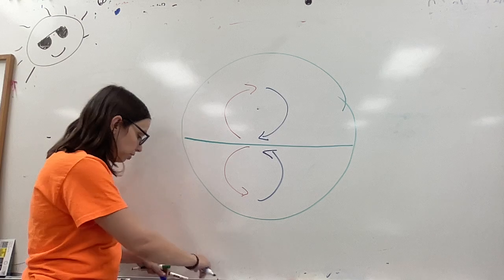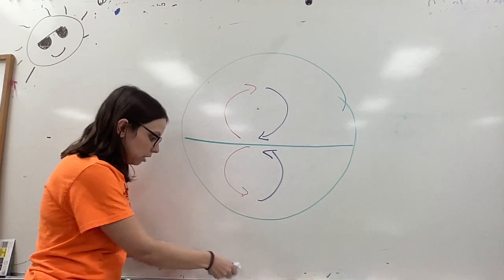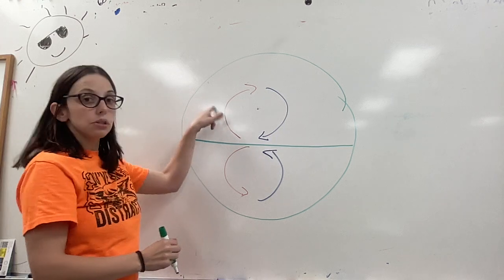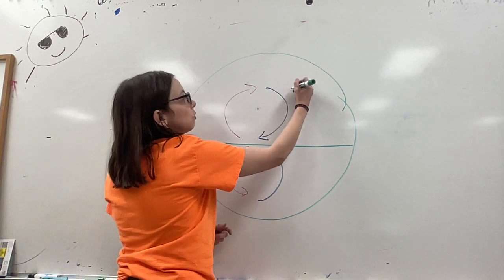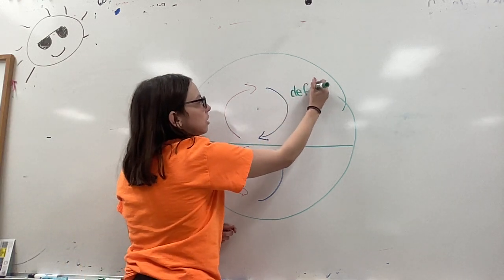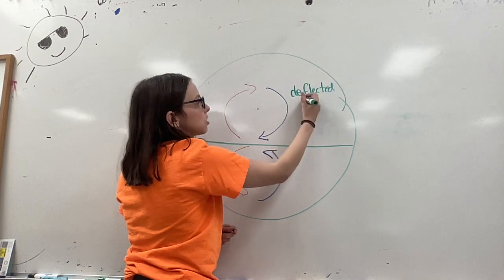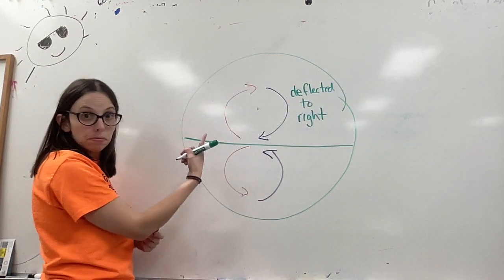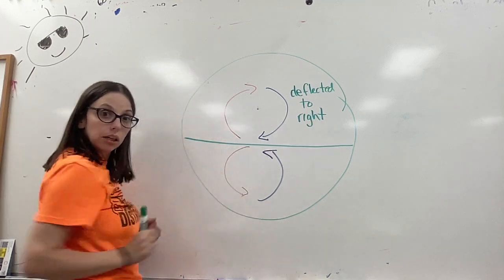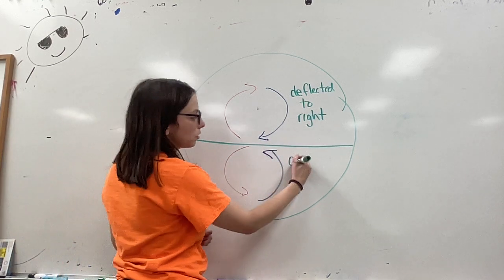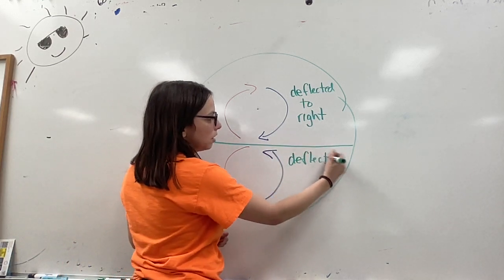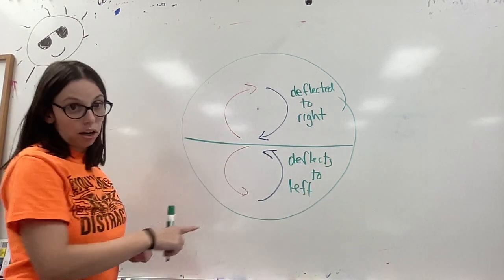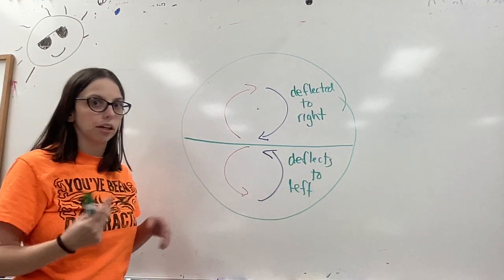But you'll notice something different about these two. This one in the north is deflected or rotates to the right, or clockwise, whereas this one here in the southern hemisphere deflects to the left, or counterclockwise, however you say it.